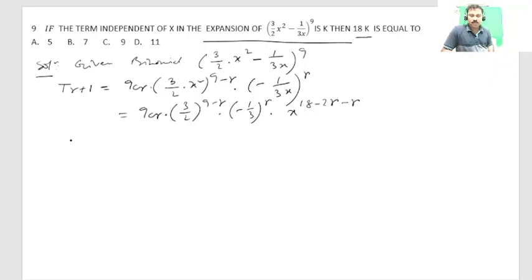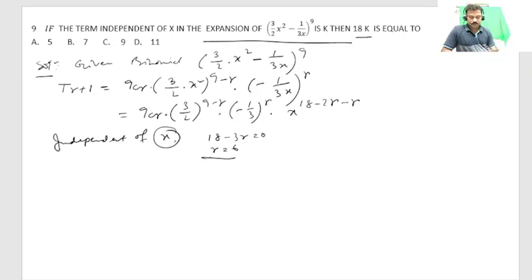The term independent of x, so the power of x should be 0, that is 18 minus 3r equals 0, r equals 6 here. Okay.